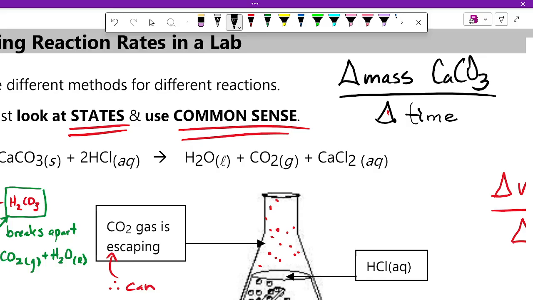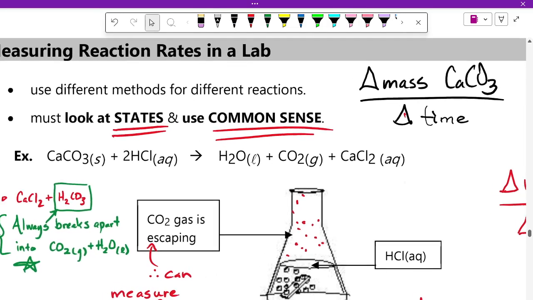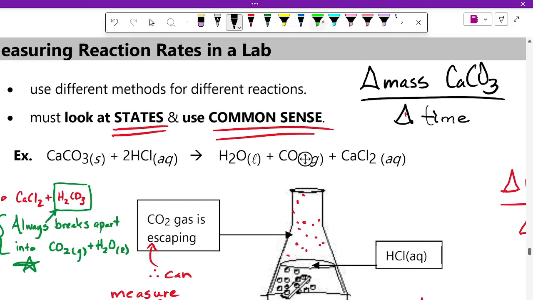Will that increase or decrease as time goes on? Decrease, because it's getting used up. It's a reactant. Okay, good stuff.